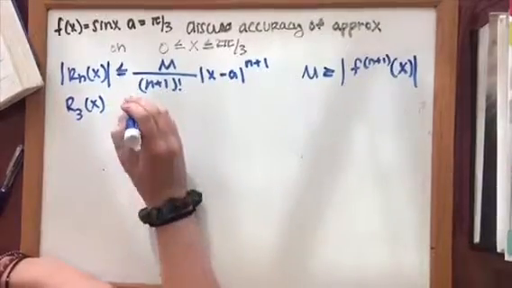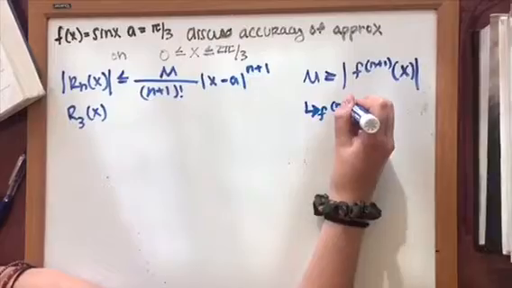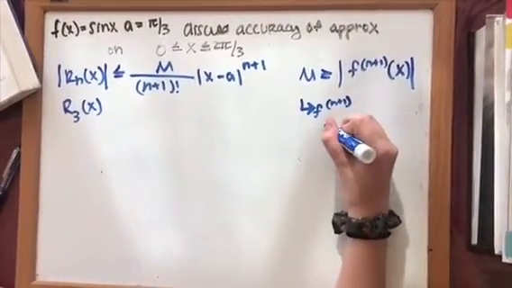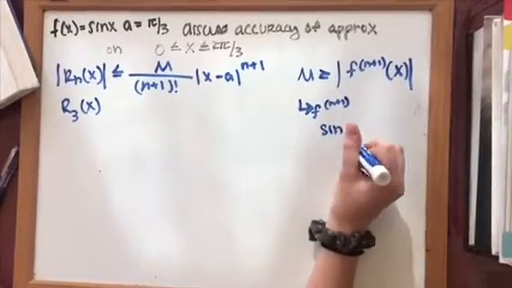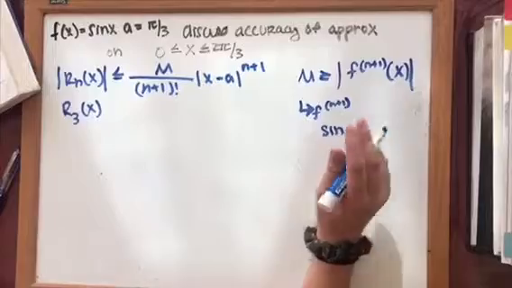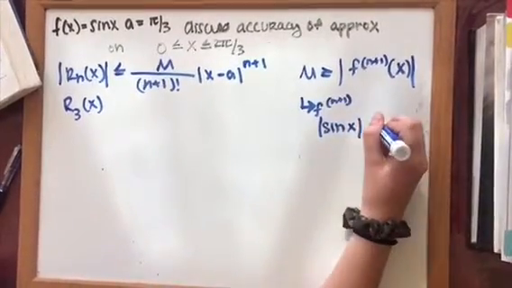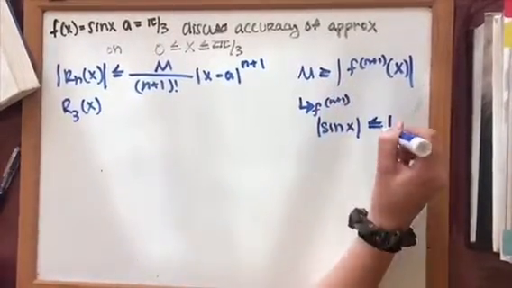And the 4th derivative, if we just do that in a little sidebar, is going to be sine of x. Since we know that the absolute value of sine of x is never going to be greater than 1, we can say that our max value is 1.